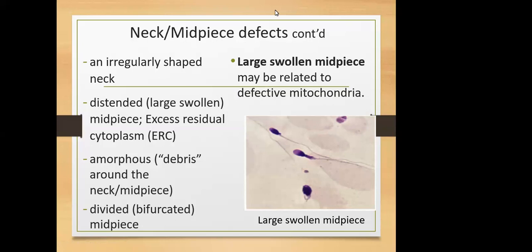And then remember we said that the midpiece is obtained from the mitochondria. And all of us know that mitochondria in the normal cell is responsible for what? ATP, energy production.